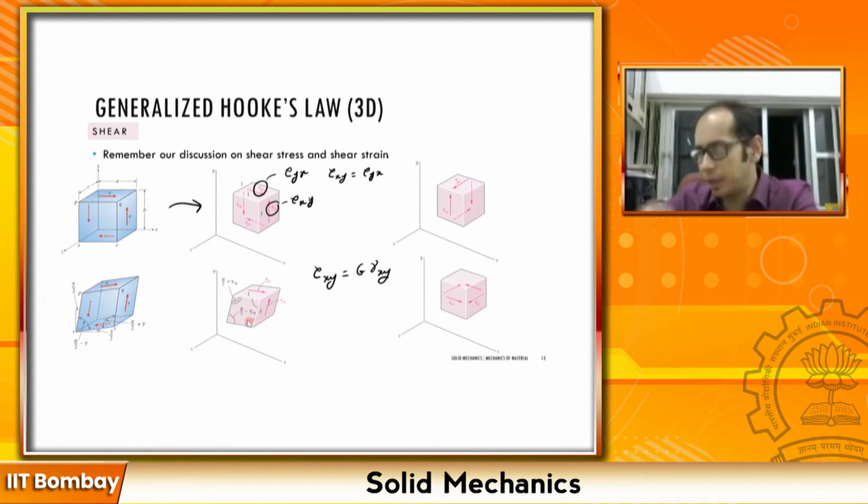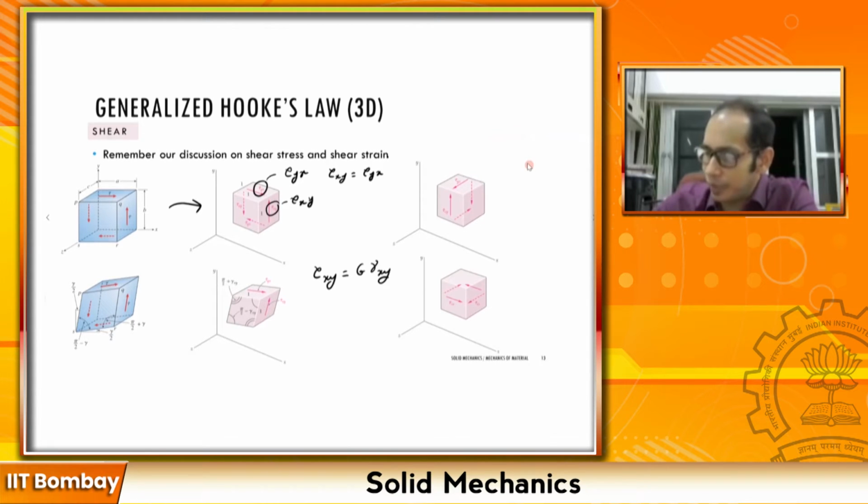Now let's look at the other direction. So if you have a tau yz and a tau zy, we know they are going to be equal, right? Tau yz and tau zy over here. Remember, for this one, if you're going to consider the angle of deformation, you had the gamma xy over here. Here the angle of deformation is going to be your gamma yz, right?